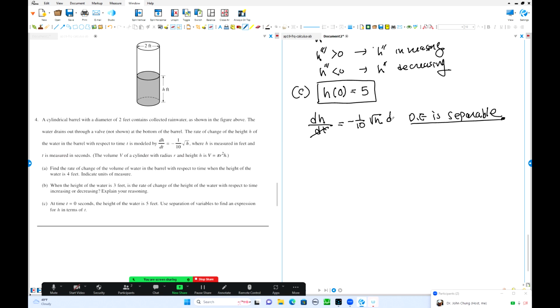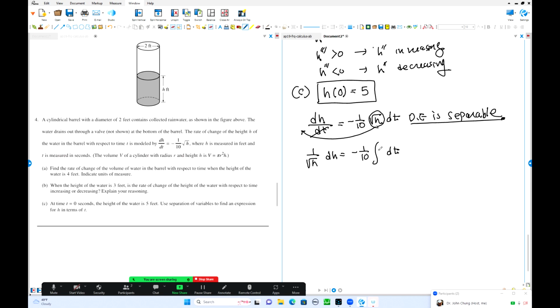There is no h on this side, but this is h, so move it to the left. So 1 over square root of h dh equals negative 1 over 10 dt. You can put the constant inside or outside, it doesn't matter.